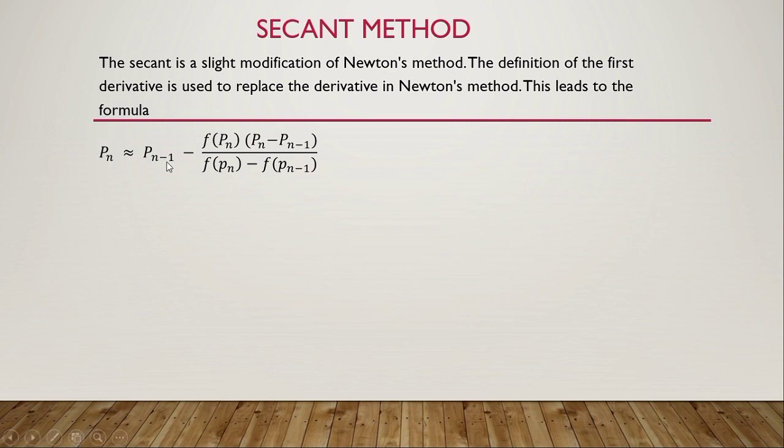In Newton's method, we had Pn. In this case, we have Pn minus 1, and then we have multiplication and division entities at this point here.